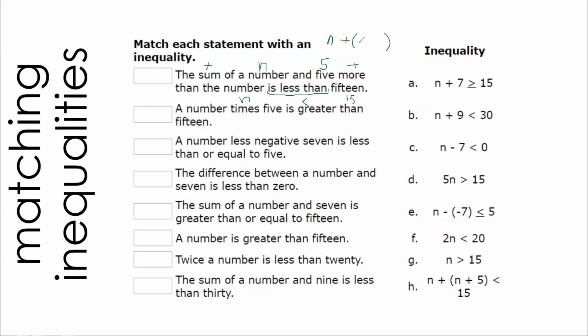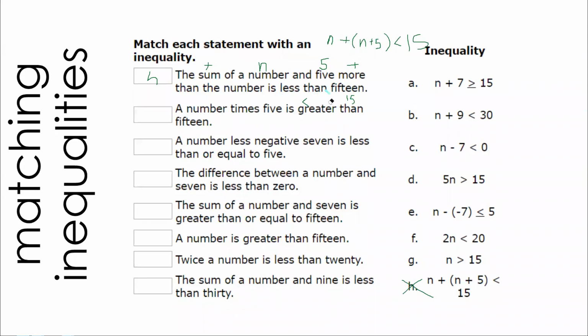So it says 5 more than a number. So we have our number and we're going to go 5 more than that. Is less than, so we have our less than sign, 15. So that's going to be our statement for that first one, which matches up with our H here. So we're going to use our H and put it with that one. And like I said, that one was a little bit harder than the rest of them.